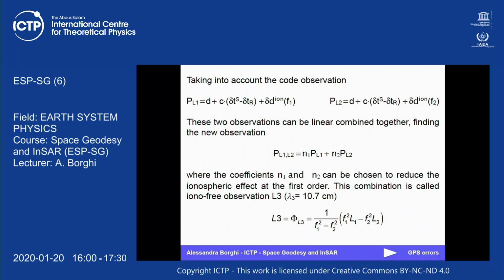So, when you have a double frequency receiver, that means an antenna receiver that can collect the signal using the two frequencies, we can, in post-processing, when we take data and put it in our software at home in your office, use not just the equation for L1 and the equation for L2, but this linear combination.